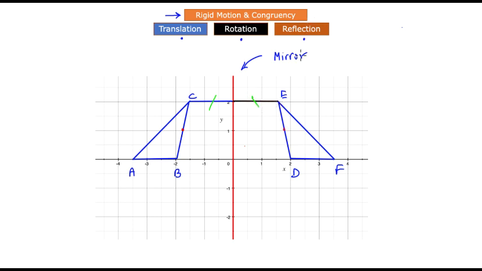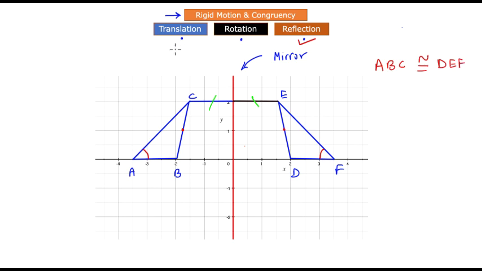That is exactly what reflection does. It is very easy to see visually that these two shapes are identical, because all the angles and all the points of the original shape have been preserved in the reflected shape. So triangle ABC is congruent to triangle DEF.